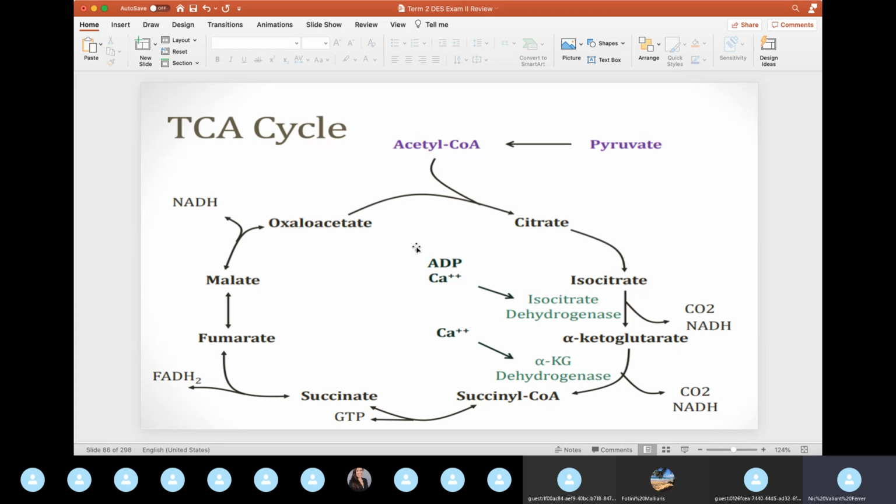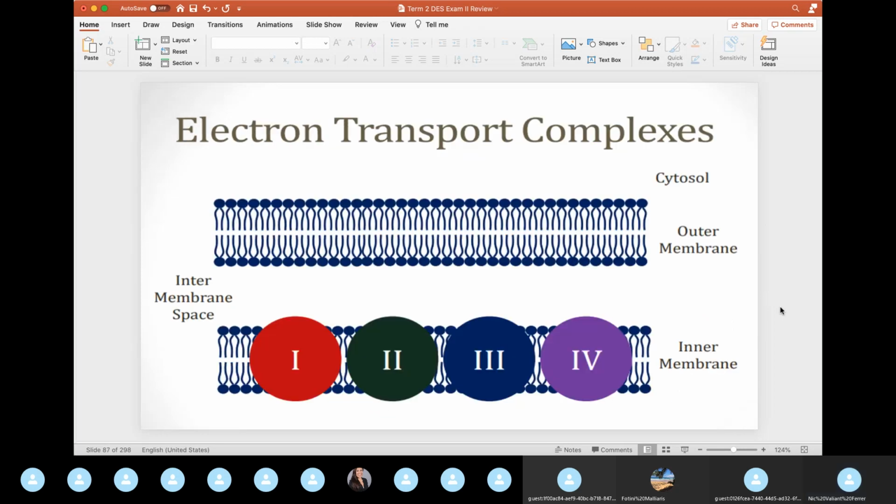So low energy molecules like ADP and calcium, high yield, activate your isocitrate dehydrogenase and alpha-ketoglutarate dehydrogenase to make your TCA cycle more active. We're good so far with your TCA cycle. So know the intermediates, know the enzymes that are involved.